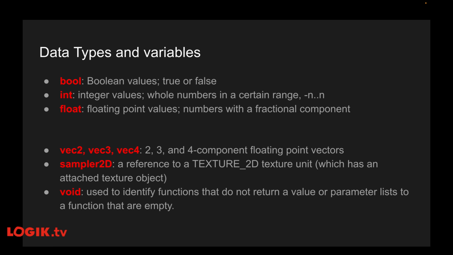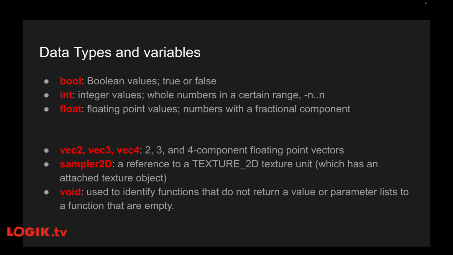So those are numbers that are going to look like 1, 2, 3, or also negative 1, negative 2, etc. And then we also have floating point values, which are numbers with a fractional component. So those numbers are going to look like 1.0, 1.5, 1.8, etc.